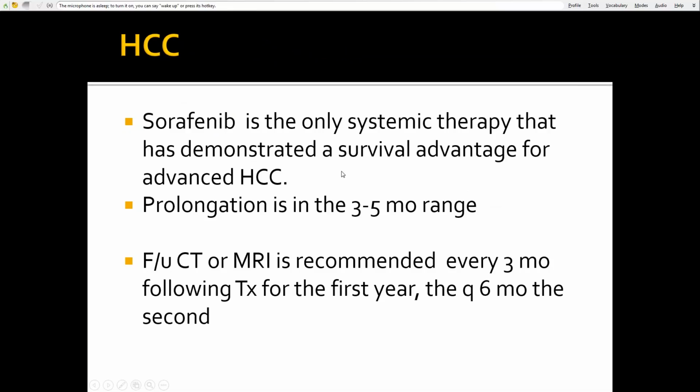It has been shown to prolong survival in the 3 to 5 month range. So we're not always curing these patients as much as trying to give them a few more months of sustainable life. Follow-up is MRI every 3 to 6 months or so.